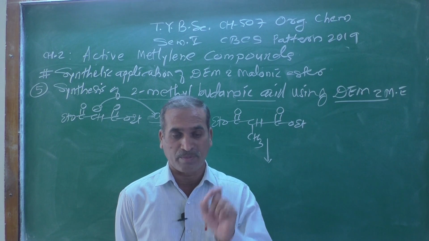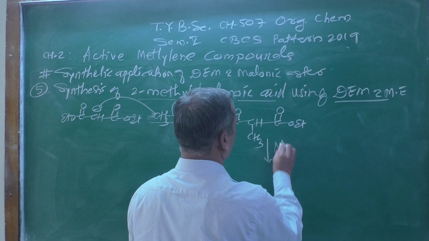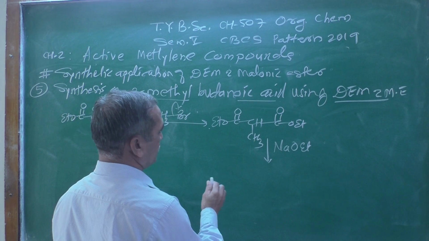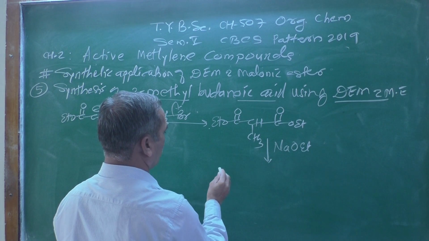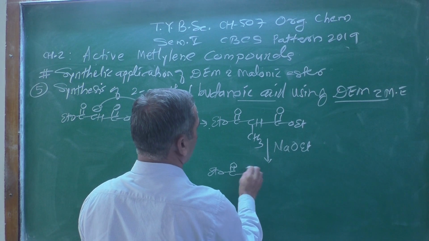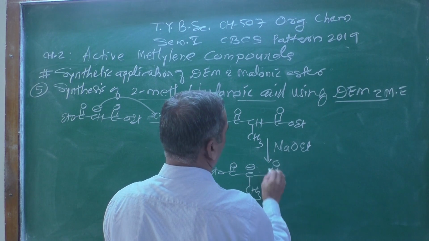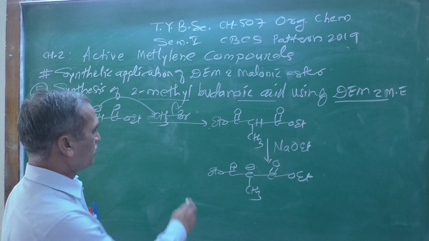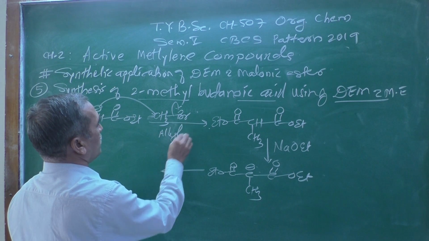For that purpose, always remember, you use the sodium ethoxide NaOEt first here, and then it will abstract the acidic proton from here. You will get EtO, C double bond O, C minus charge, this CH3, then C double bond O and OEt. That's it. And now you can use this alkylation process, right?